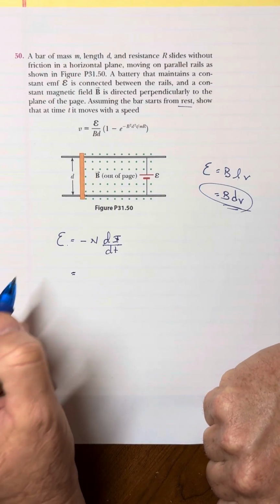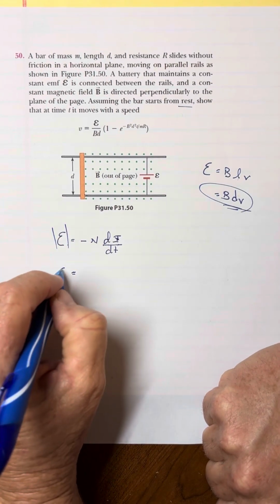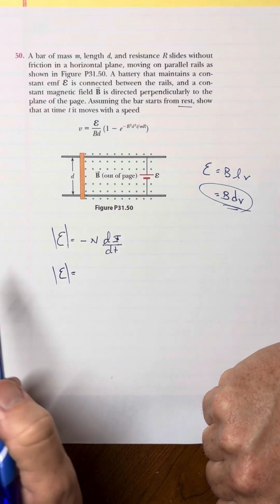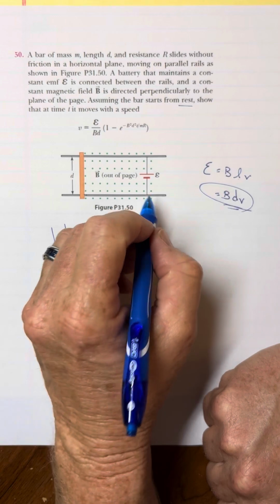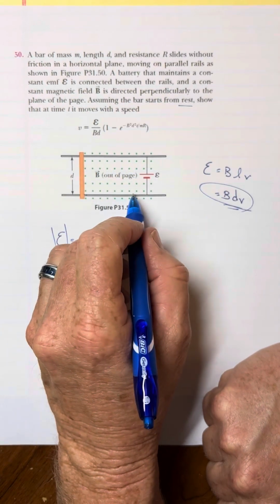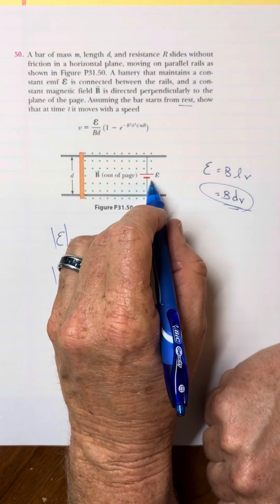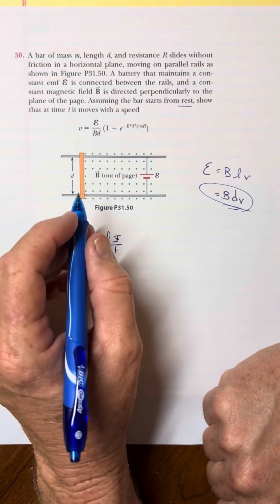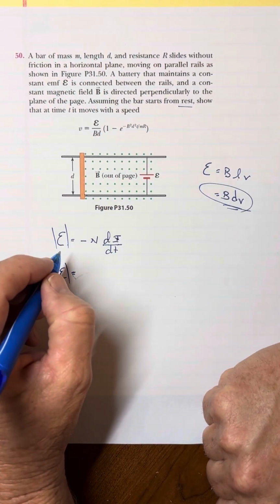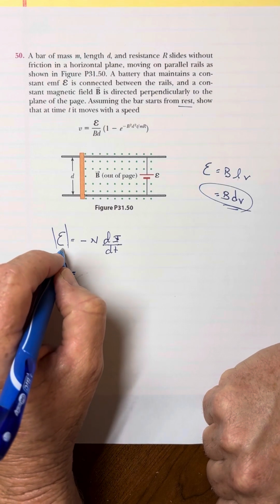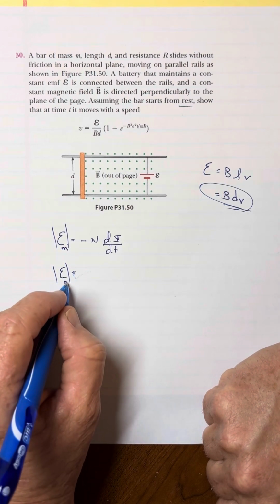So let me go ahead and just calculate the magnitude of this EMF. And maybe I should be a little careful, because this is an induced EMF, not to be confused with this battery. So since they call this E, why don't I call this E sub M for motion?